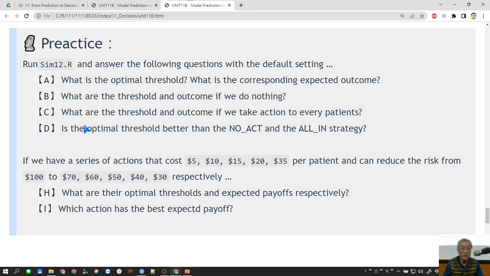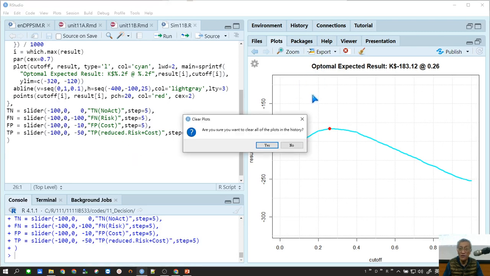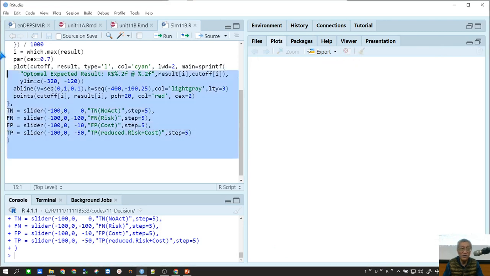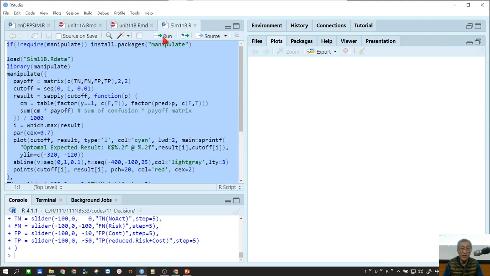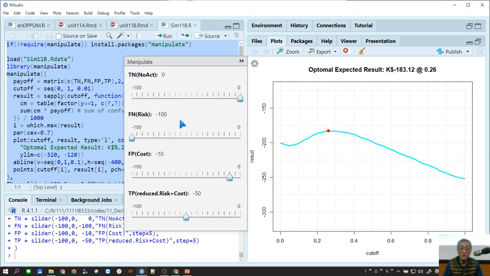So we run the simulator, we want to answer the following question, okay? So first of all, we want to use the default setting. By default setting, I mean that we don't want to change the payoff matrix.